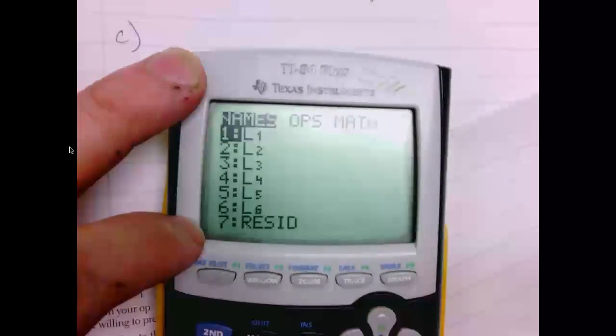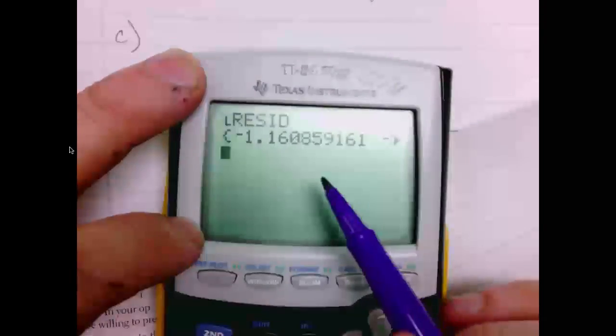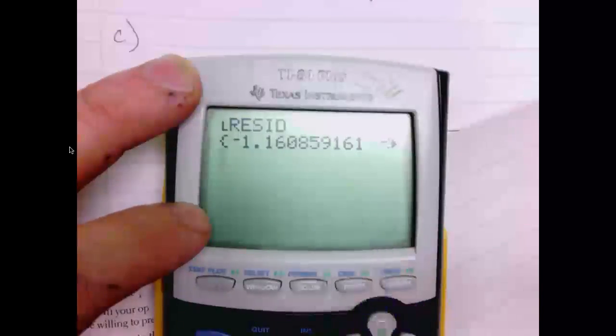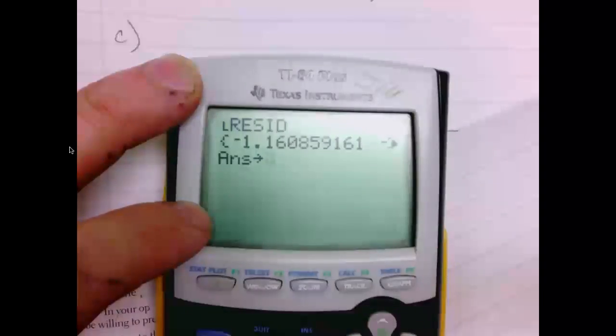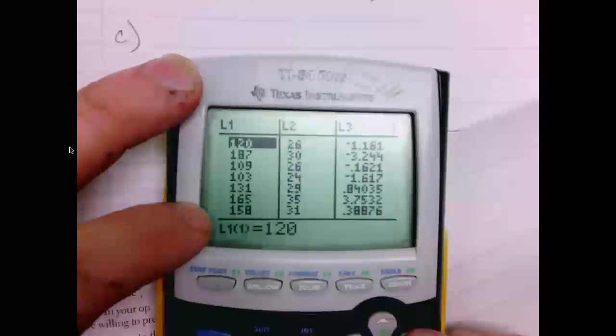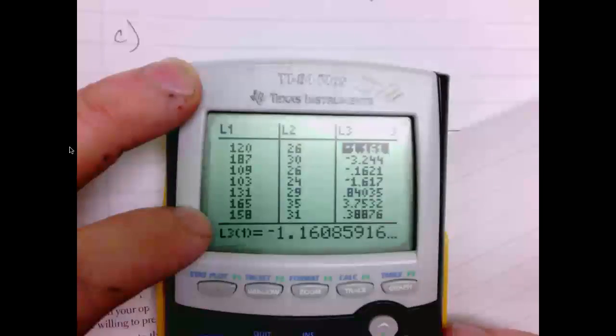Then we can see our residuals. Here they are. I'm going to store these into list 3 just so I can see them a little bit better. Store, second, list 3. Hit enter. Now when I come to stat, edit, list 1 is my original x data, list 2 is my original y data, and here are the residuals.